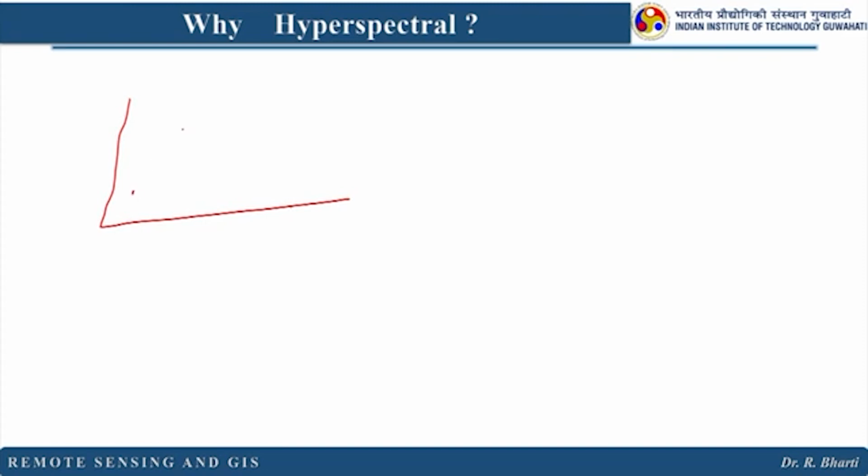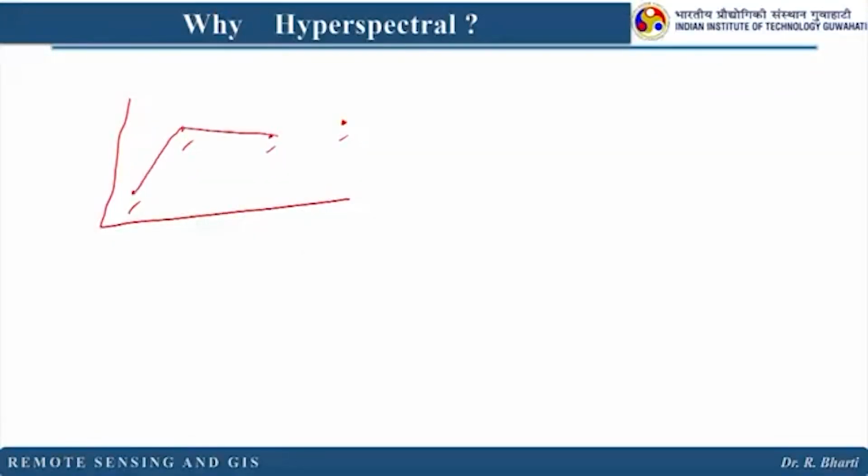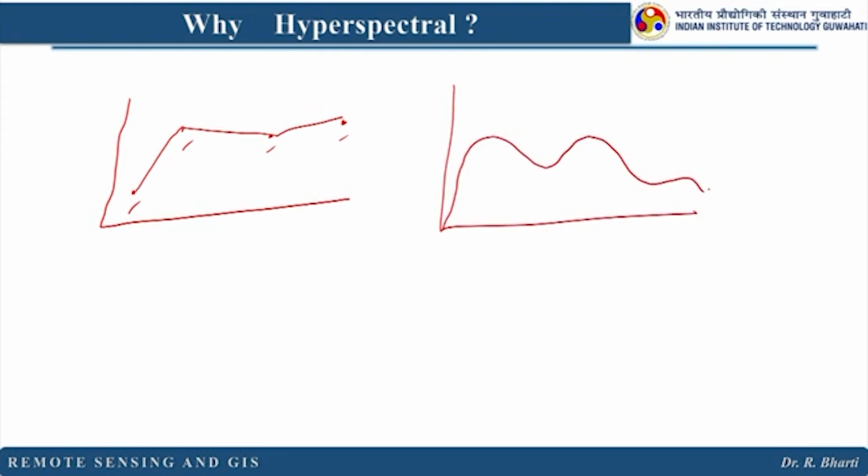So, in multispectral you may have 4 bands. If you have selected a pixel, then you will have only 1, 2, 3 and 4 values, and if you connect them, this will be like this. But whereas in hyperspectral you have at least hundreds of bands and they are contiguous in nature, that means there is no gap in between.